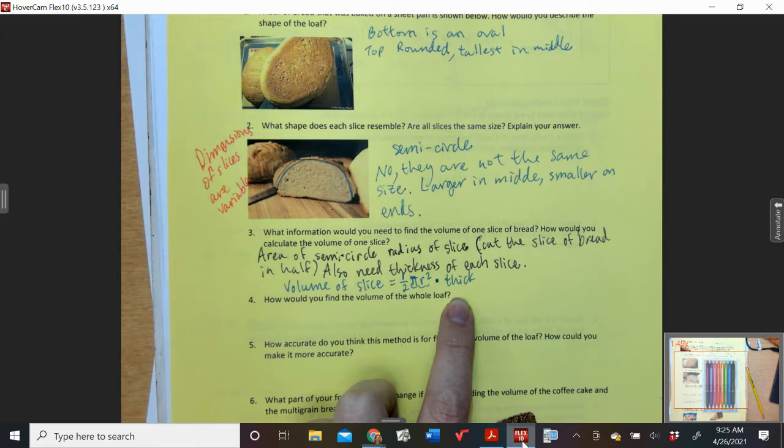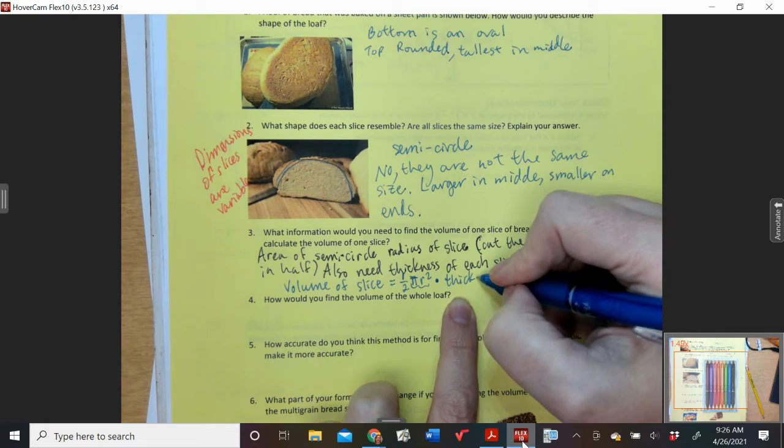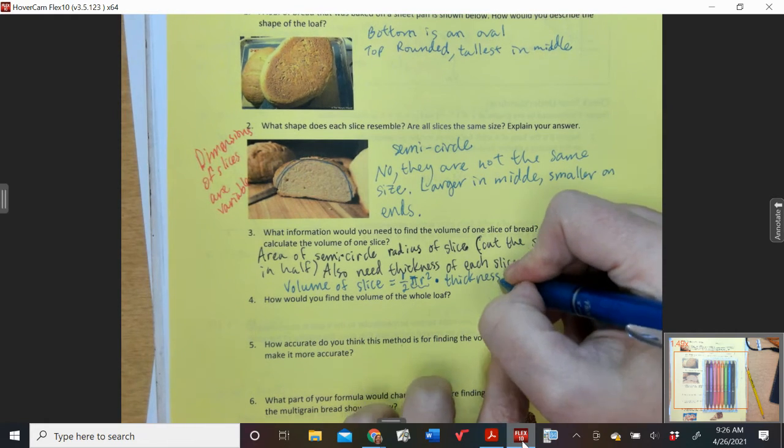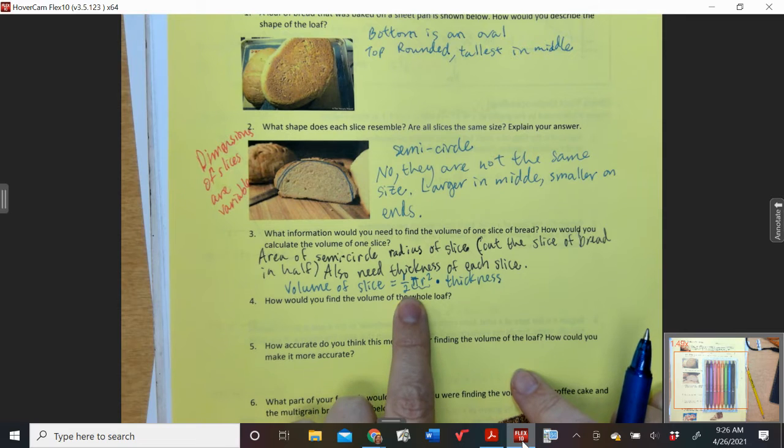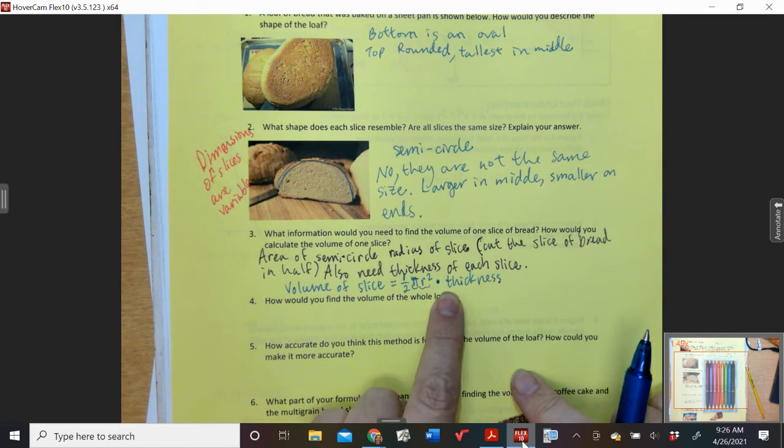So the volume of the slice will equal the area of the semicircle times the thickness of the slice.